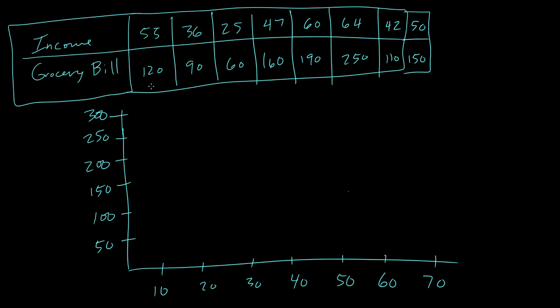And so I have 55 comma 120, so 55, 120 is about there. 36 and 90 is maybe right there. And then we have 25 and 60. We have 47 and 160.